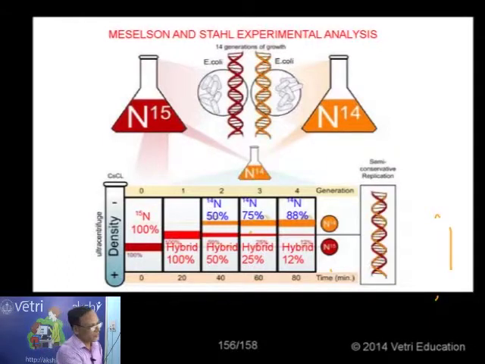After 80 minutes we have hybrid 12.5%, and light 87.5%, that is equivalent to 88. So these are the experiments conducted to show the semi-conservative method of replication of DNA. These are all the facts you have to remember.